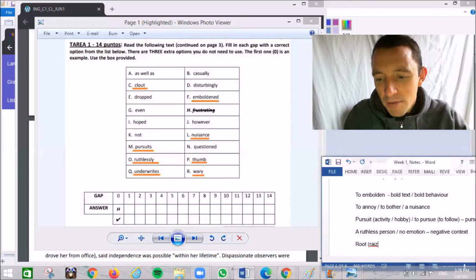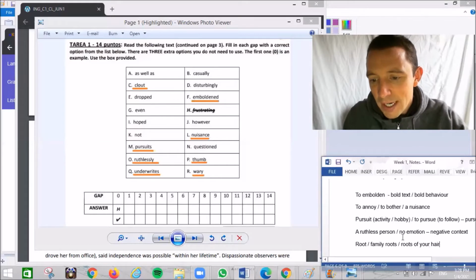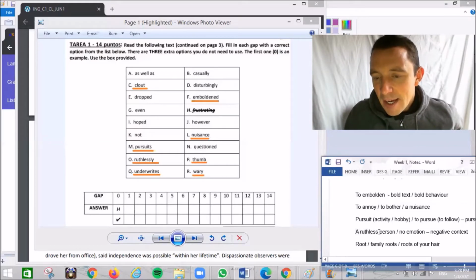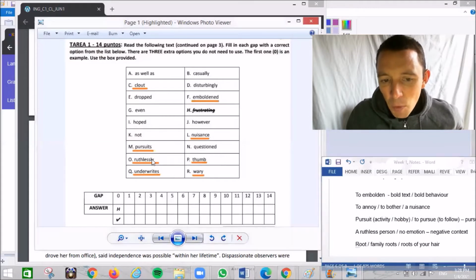For example, the root of the family, the root of the problem, the roots of your hair. So there's a completely different word between rootless, which is very aggressive, very no emotion, and root. Okay? So here we have it in the adverb as well, ly. So that's always very important, the detail.